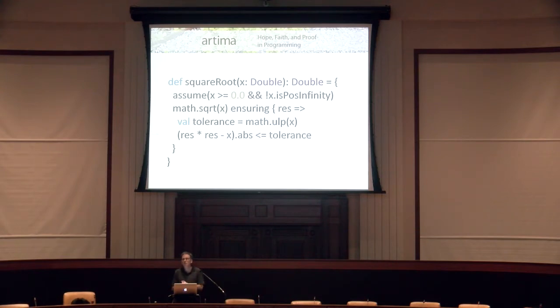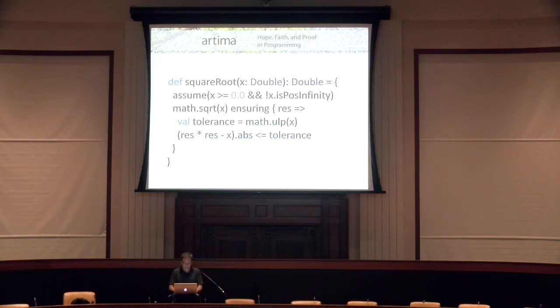And then ensuring came into being when we were writing the chapter of the book about how to use design by contract in Scala, because it didn't exist. It has the word ensure in there, like Eiffel. But the way it works is it's just, again, something in Predef. It's added to any type by an implicit conversion.